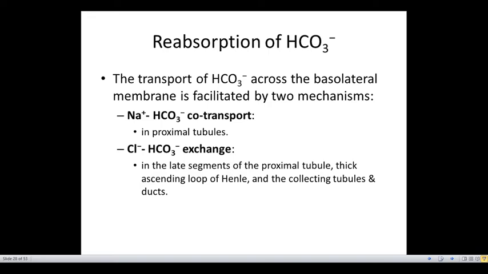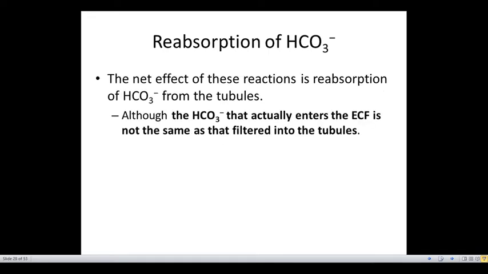Number one, sodium bicarbonate co-transport, especially in the proximal tubules, and number two, chloride bicarbonate exchange, which occurs in the late segments of the proximal tubule, thick ascending loop of Henle, and the collecting tubules and ducts. The net effect of these reactions is reabsorption of bicarbonate ions from the tubules.